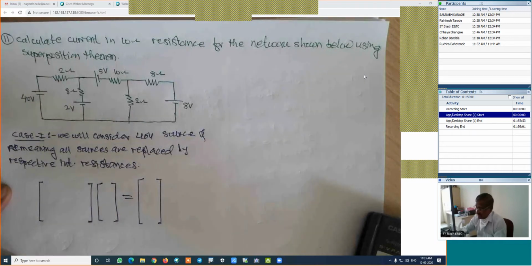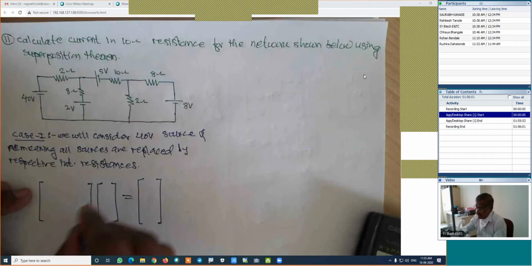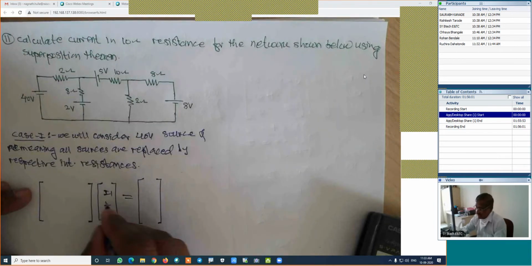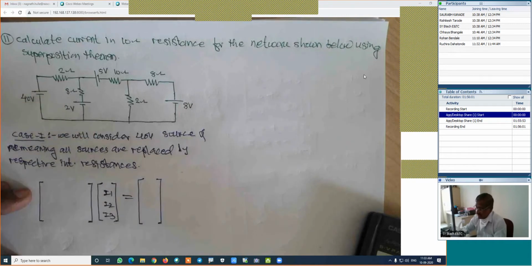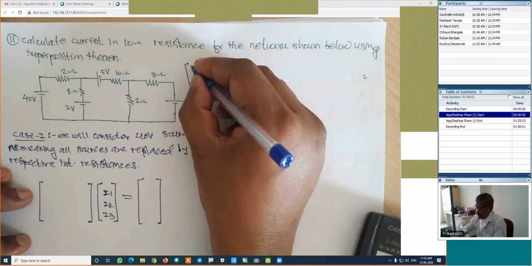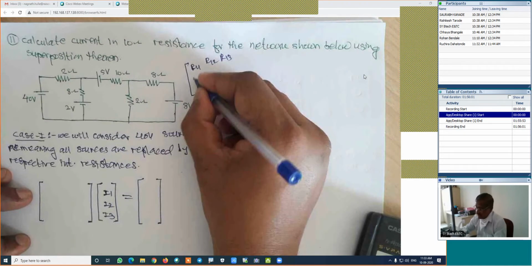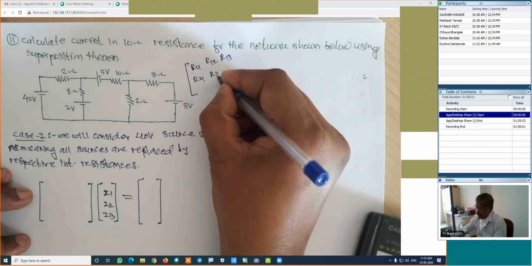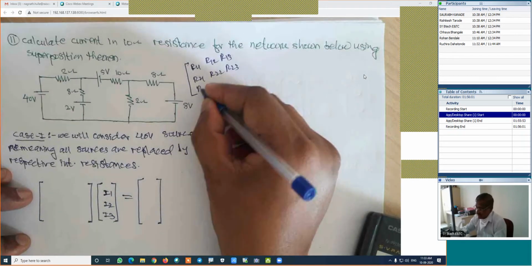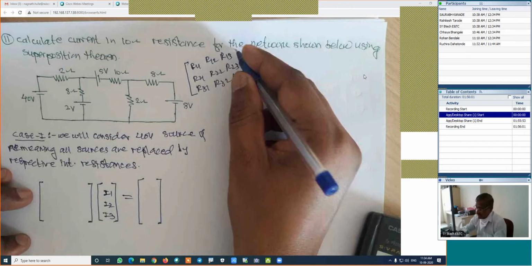For case 1, I am giving the names as I1, I2, and I3. Now, how is the general format? General format is something like this: R11, R12, R13, R21, R22, R23, R31, R32, and finally R33.